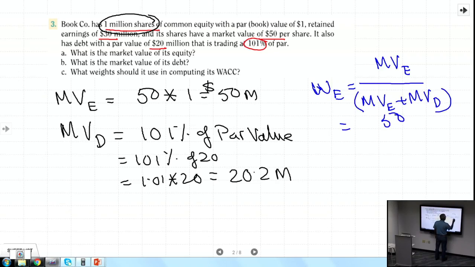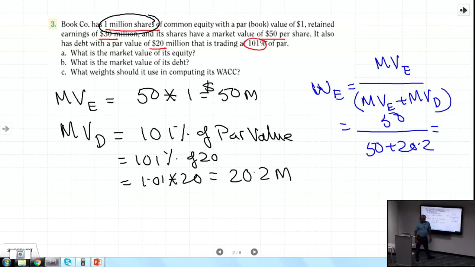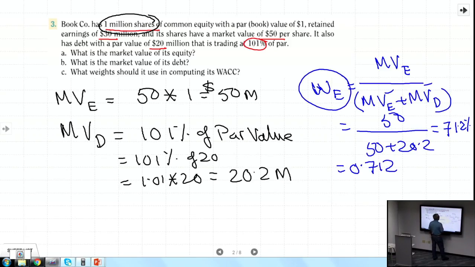So this would be 50 divided by 50 plus 20.2, which is 71.2%, or 0.712. Since we only have equity and debt in our mix over here, once I calculate WE, then WD would simply be 1 minus 0.712.